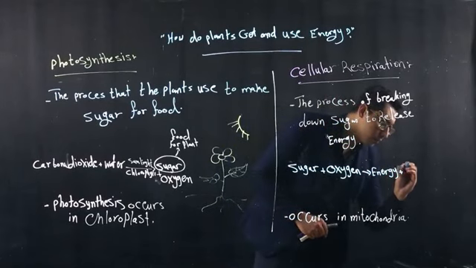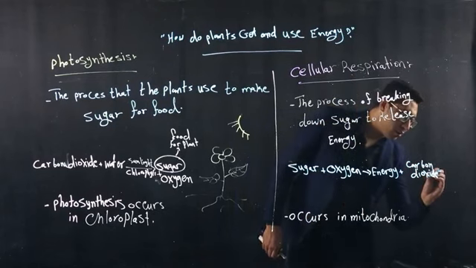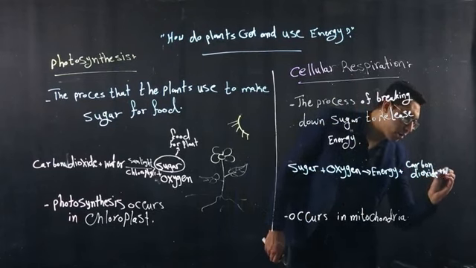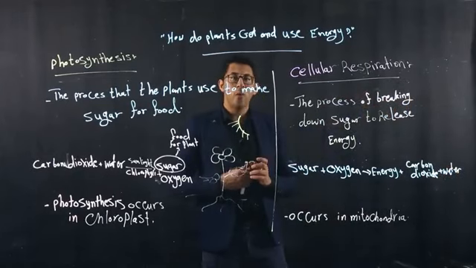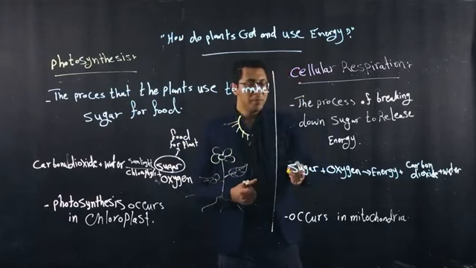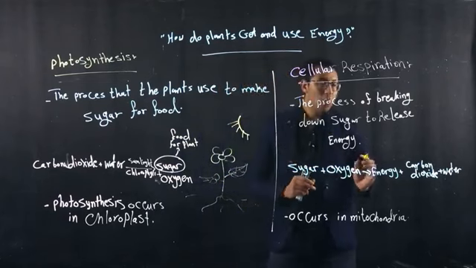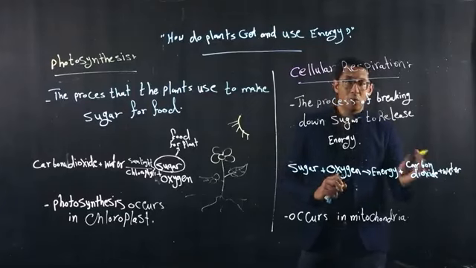Carbon dioxide and water. So, here is the equation of cellular respiration. Sugar plus oxygen will give us energy and carbon dioxide and water.